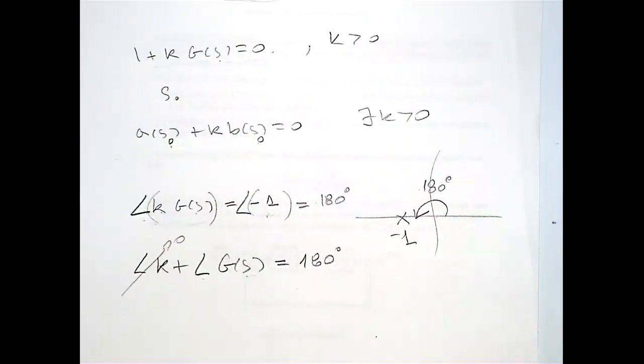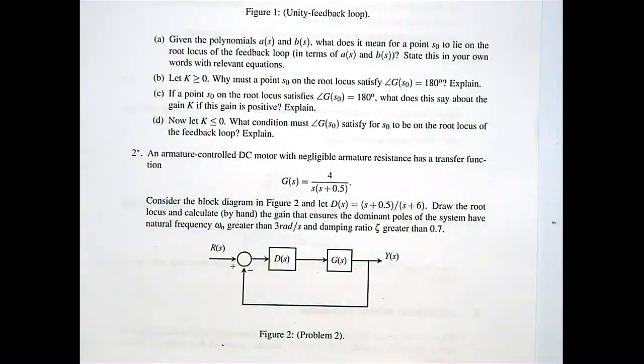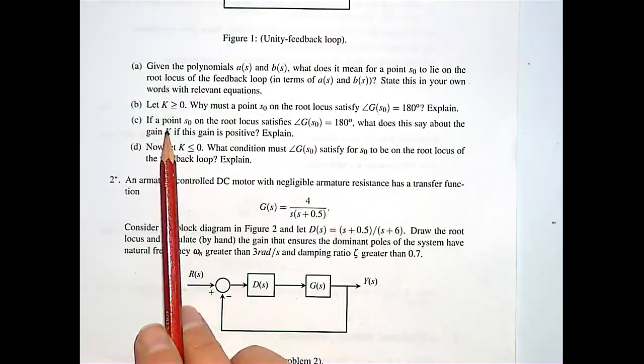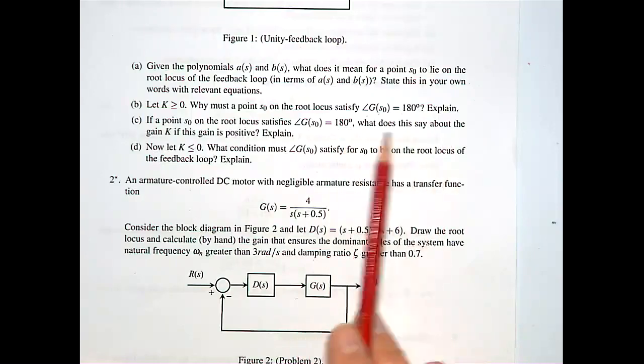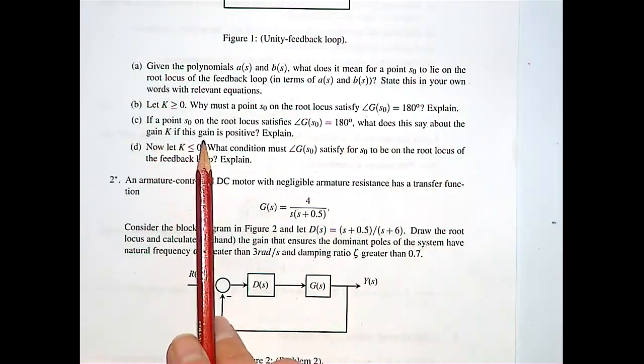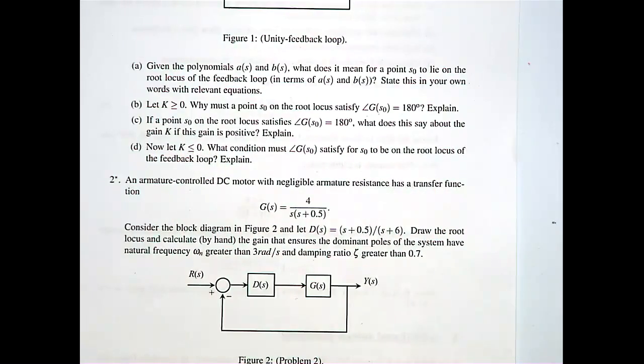So we are just going through these things quickly. It says, if a point S0 on the root locus satisfies this, what does this say about the gain if this gain is positive? Let's look again at this equation.